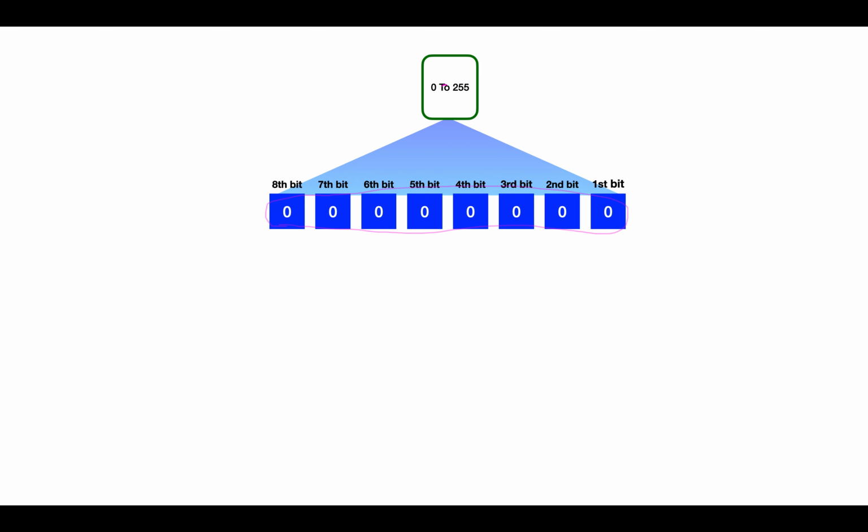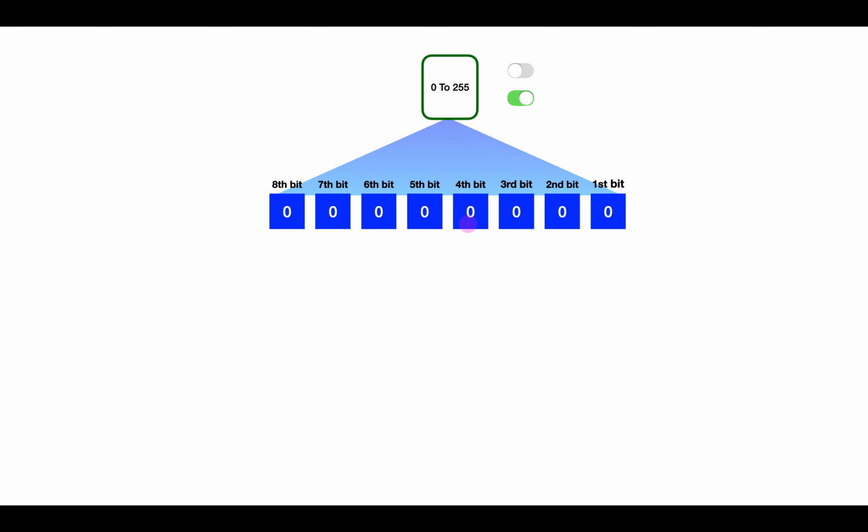Inside one octet, if all 8 bits are off, then the value will be 0. And if the bits are on or in use, the value will be the predefined value. We will understand why it is predefined. We can understand each bit like a switch: either it can be off or it can be on. If it is off, the value will be 0. If it is on, the value will be the predefined value.